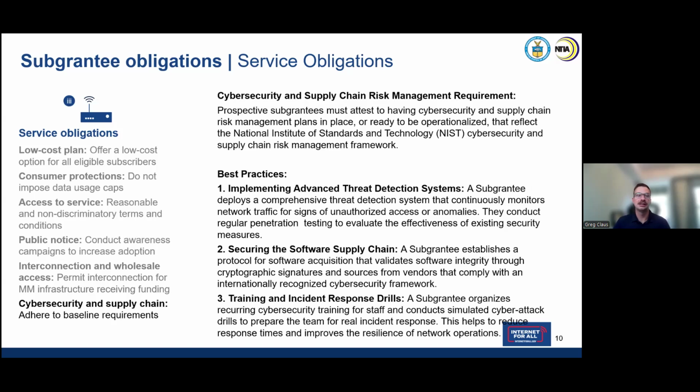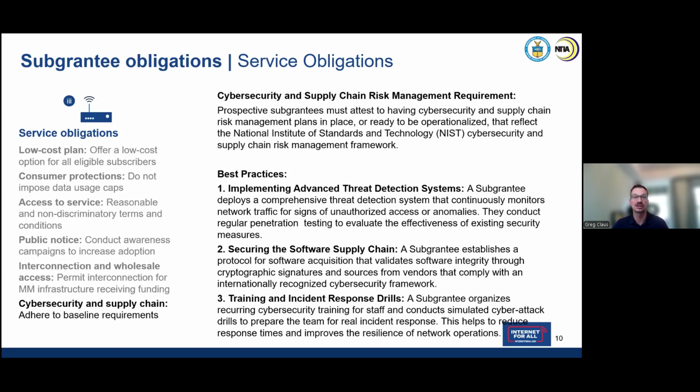And then again, last in service obligations, we're going to talk through the cybersecurity and supply chain risk management requirement. Prospective subgrantees must attest to having a cybersecurity and supply chain risk management plan in place or ready to be operationalized that reflects the National Institute of Standards and Technology, NIST for short. They have a NIST cybersecurity and NIST supply chain risk management framework.